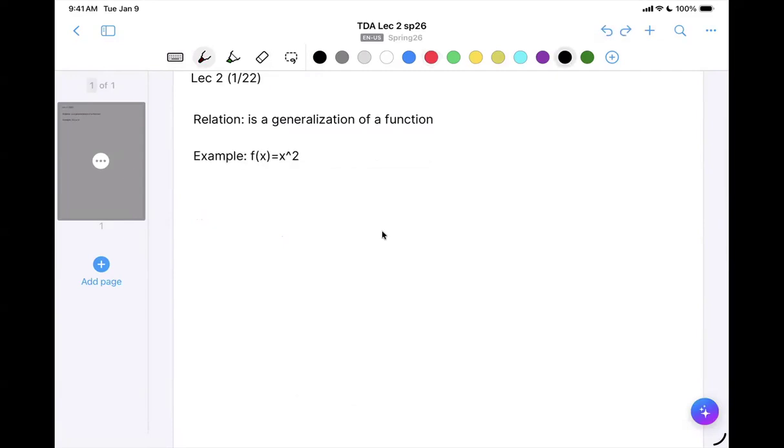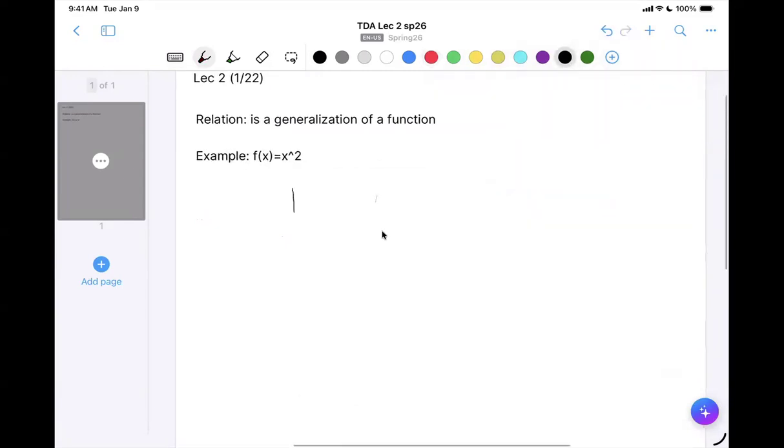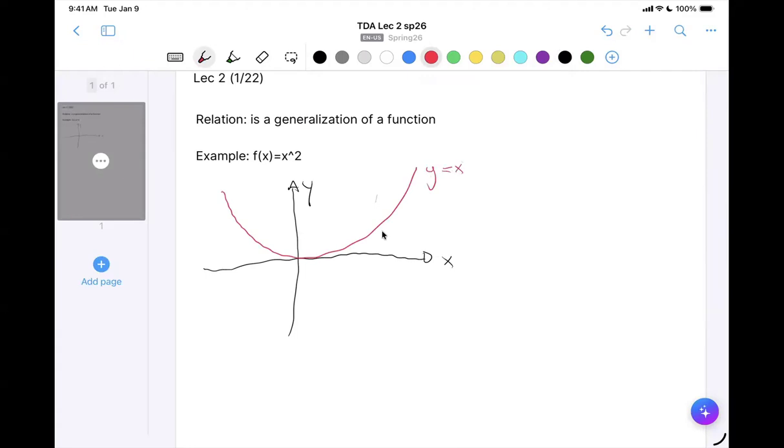So you would draw the graph of the function, and you think of the x-axis as the domain and the y-axis as sometimes called the codomain. When you start giving it different values, if this is 1, that corresponds to 1, or if you have 3 here, that corresponds to 9.